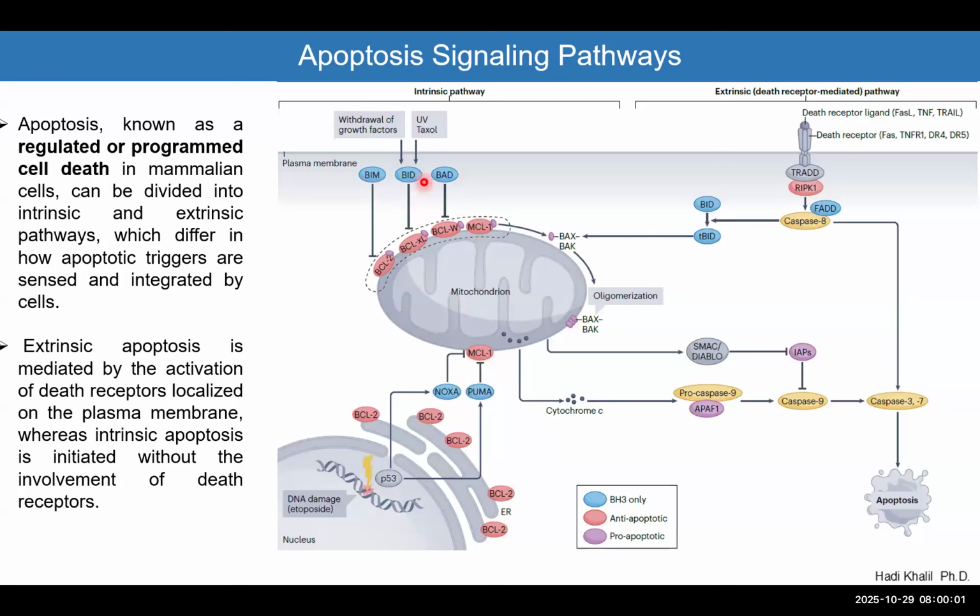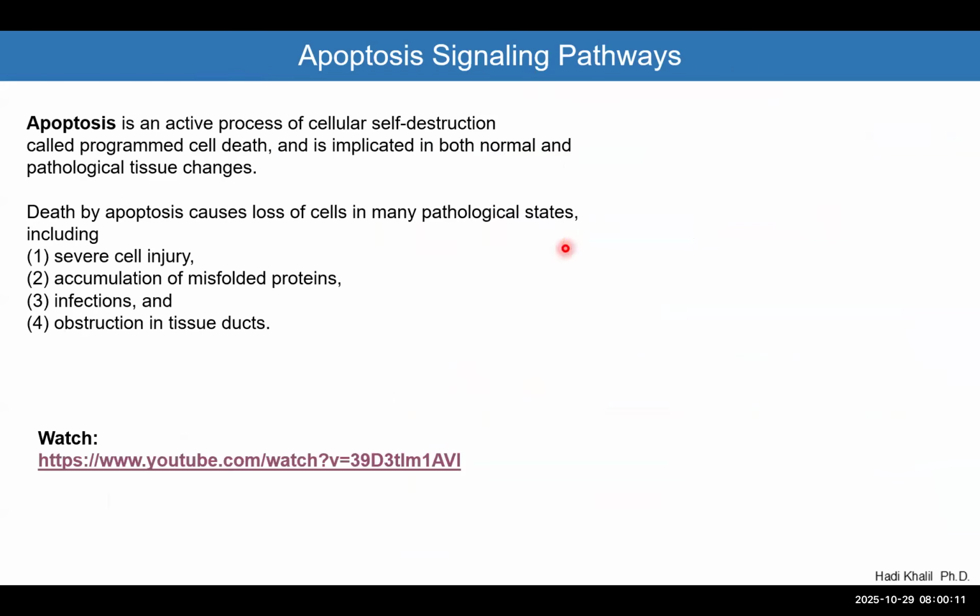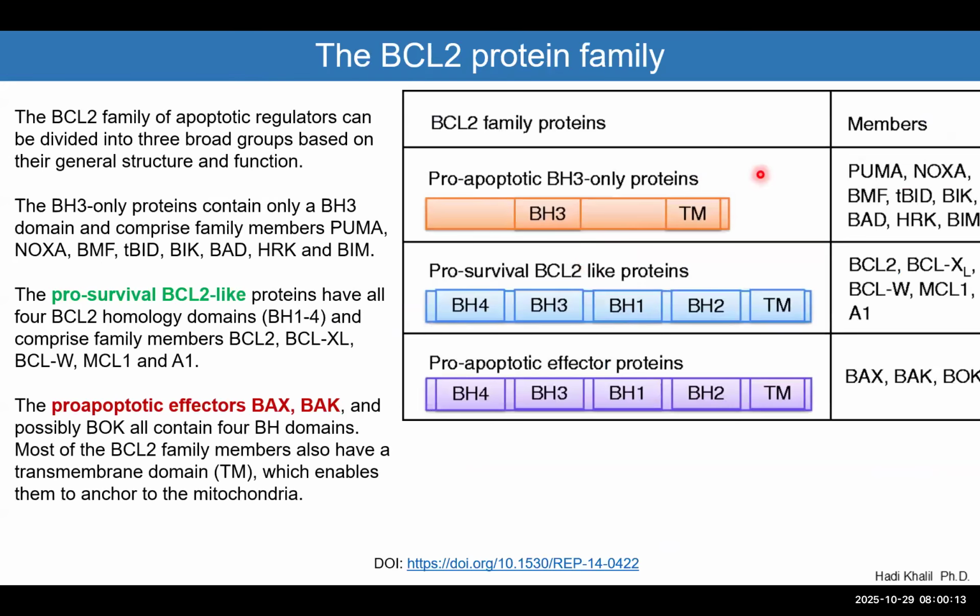And if a lot of these are being generated, then BAX and BAK, so I will go back a little bit to that slide. Remember, PUMA and NOXA are BH3-only proteins. We described them from the p53 arm. And then BAX and BAK are the pro-apoptotic effectors.